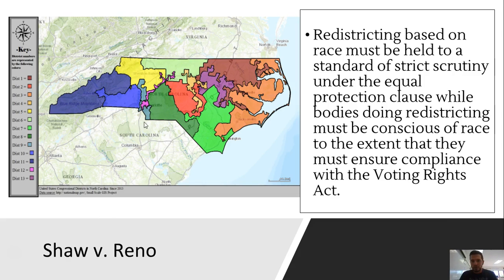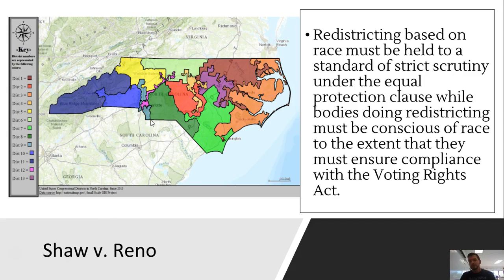This is what I'm showing you here, with this really tightly packed district. That was mostly African Americans, and African Americans have traditionally voted Democrat for at least 80 some odd years, actually almost 90, since the Great Depression. So the Supreme Court overturned this.